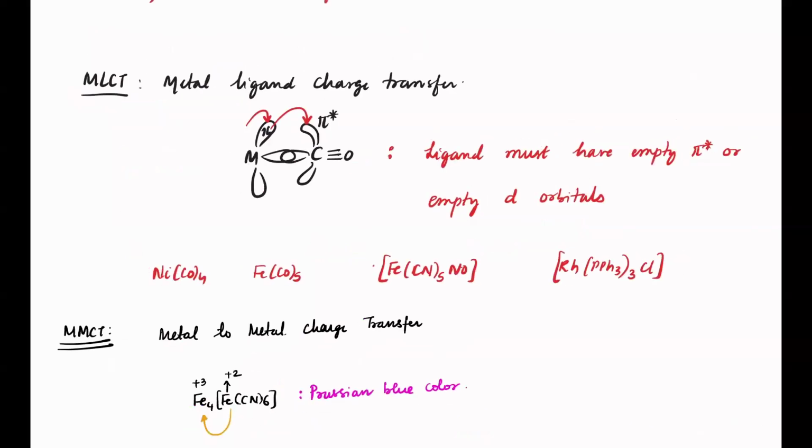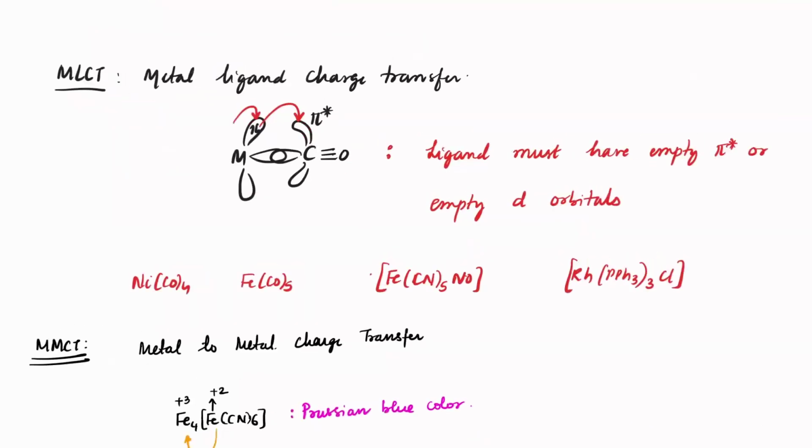That means from metal, the electrons are transferred to ligand. So this time mostly delta l value will be -1. It doesn't matter whether it is +1 or -1, Laporte is followed. So now I can say that if electrons are jumping from metal to ligand here, the ligand must have an empty pi star orbital, or an empty d orbital.